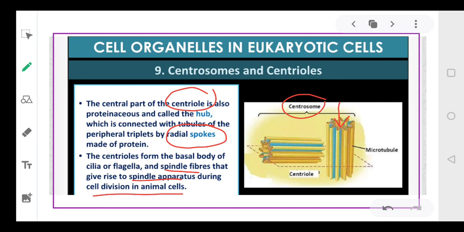So हम कह सकते हैं कि centrosome और centriole दोनों का function होता है that they help in the cell division process, or they help in separating the chromosomes or the chromatids, and the separated chromosomes or chromatids then move to the opposite poles. Thus it leads to a distribution of DNA in both the cells. So they play a very crucial role in the cell division of animal cells, and they are only present in animals. They are not present in the plant cells.